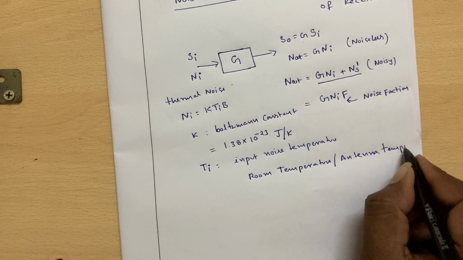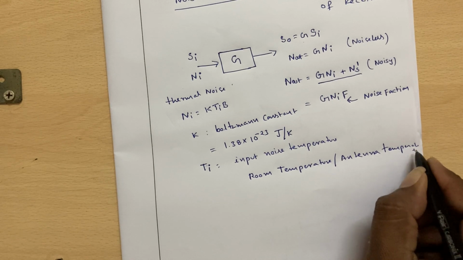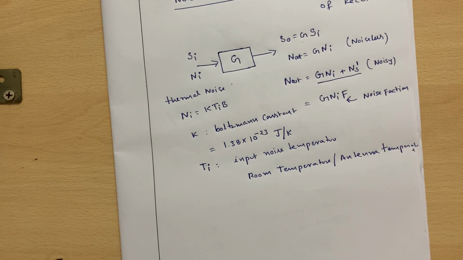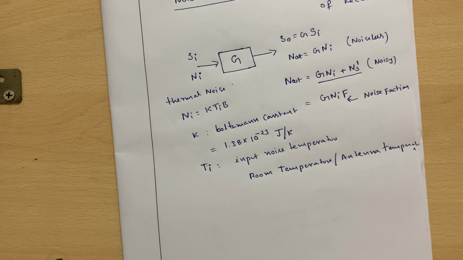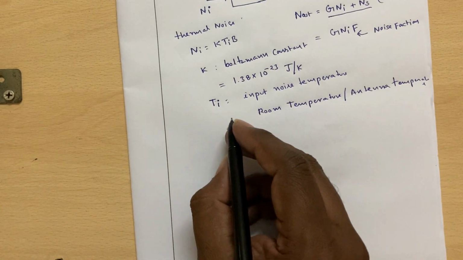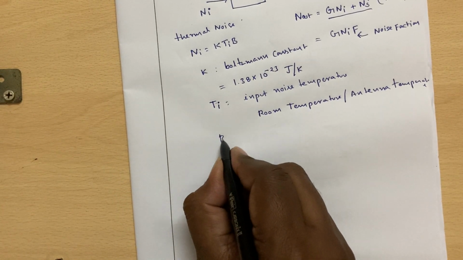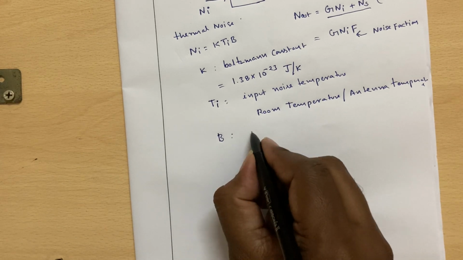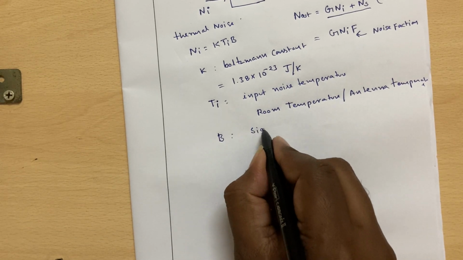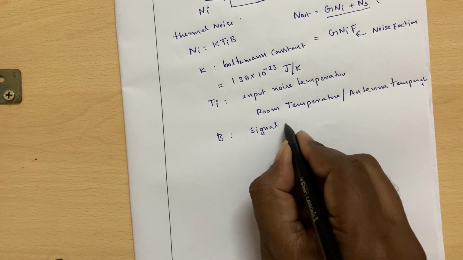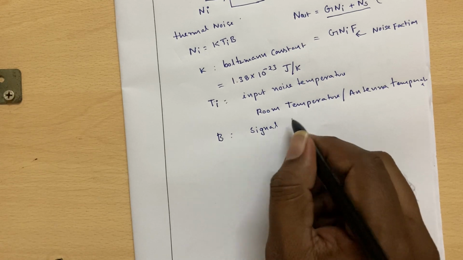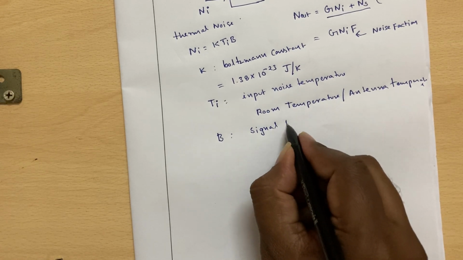So for a receiver, not for a particular block, it is room temperature or antenna temperature. B is the bandwidth of interest, which is the signal bandwidth. Only the signal bandwidth is considered; the outside noise power will be rejected by the filters.